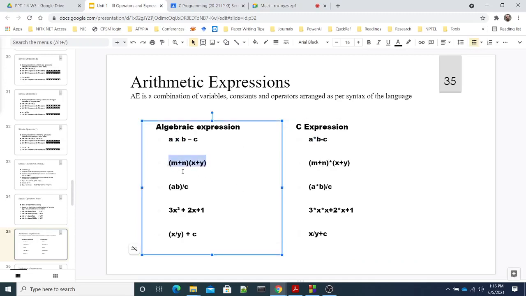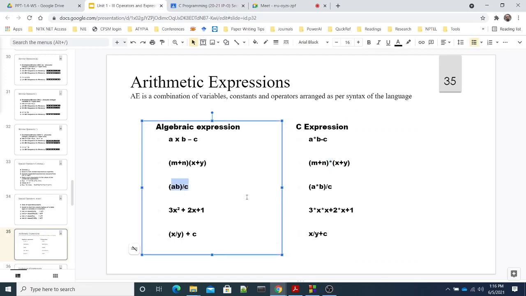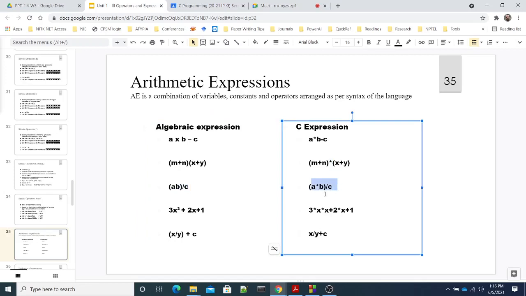In mathematics we write like this, with no cross symbol between the parentheses; it is implicit multiplication. But in C you cannot omit it like that. This will be a syntax error. You can use parentheses anyway, but you have to explicitly provide the multiplication symbol if you want to multiply. So in mathematics we can write like this, but in C we should write this way.